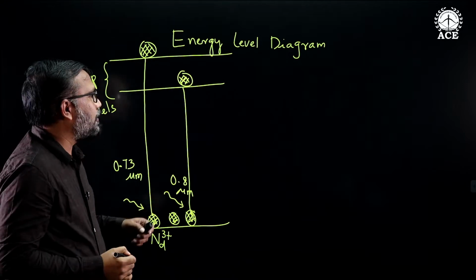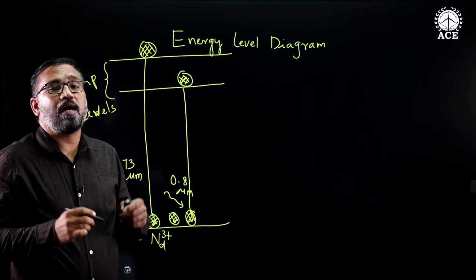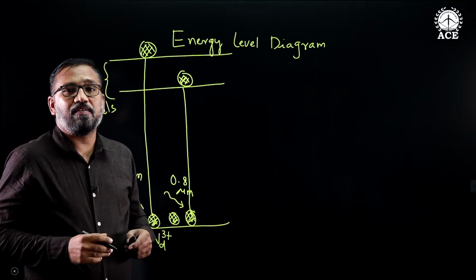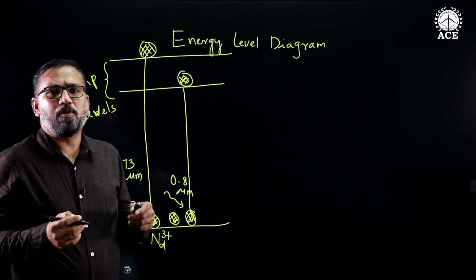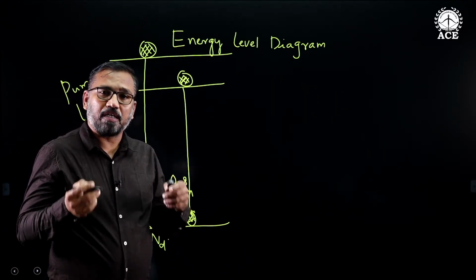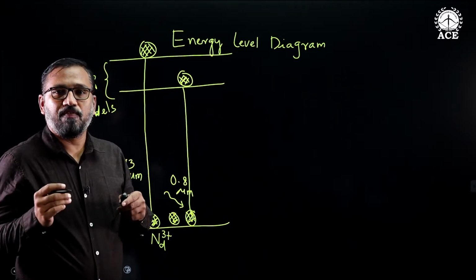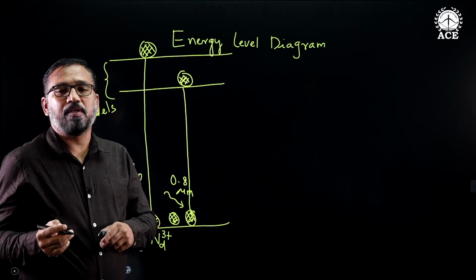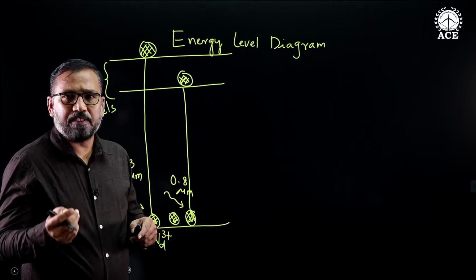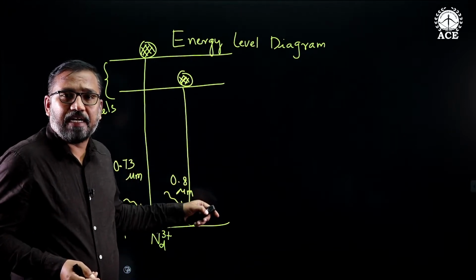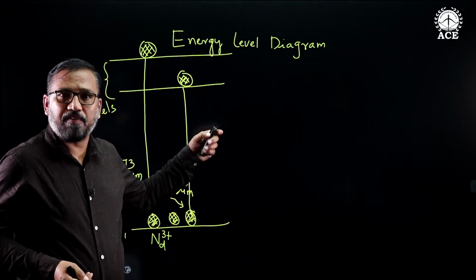We know that these excited neodymium ions will not stay in the excited level for a longer time. The lifetime is very less. Lifetime is the amount of time that the ions or atoms are present in a particular state or level. If they stay there more time, their lifetime is more; if they stay for a less amount of time, their lifetime is very less.